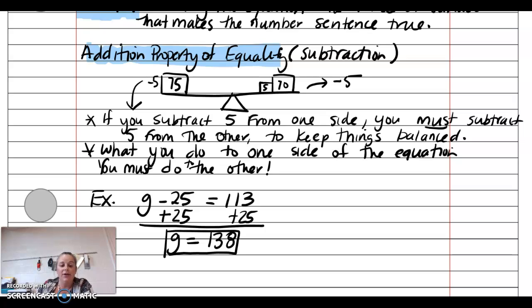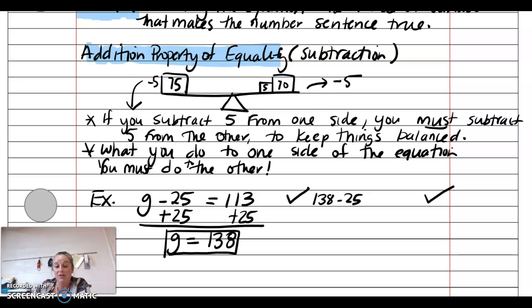G is 138. And then over here, we're going to check this. We're going to check both sides. If g is 138, and this is why we did our whole evaluating expressions, do we get the same number on both sides? So I'm going to check 138 minus 25. Does that give me 113?